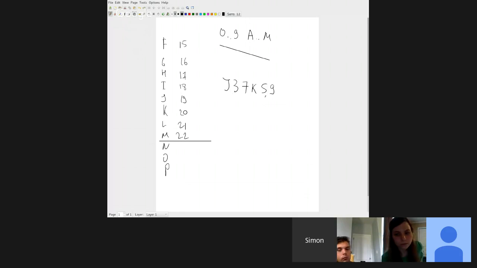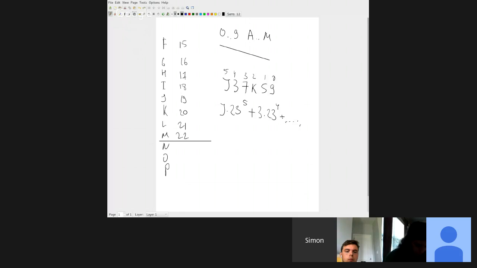And if you want to convert it into decimal, you could say, since it is 0, 1, 2, 3, 4, and 5, it will be J times 23 raised to the power of 5 plus 3 times 23 raised to the power of 4 plus and so on and so forth.